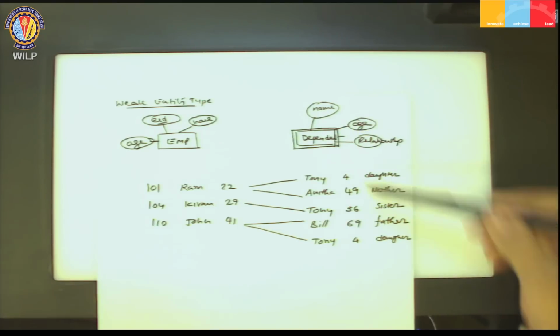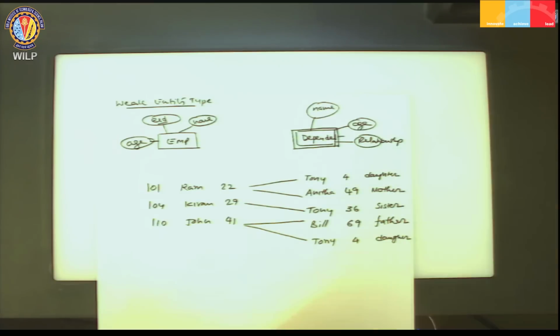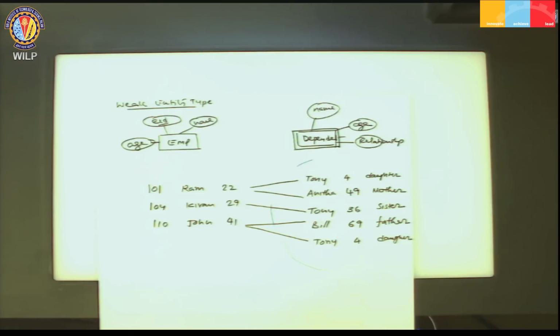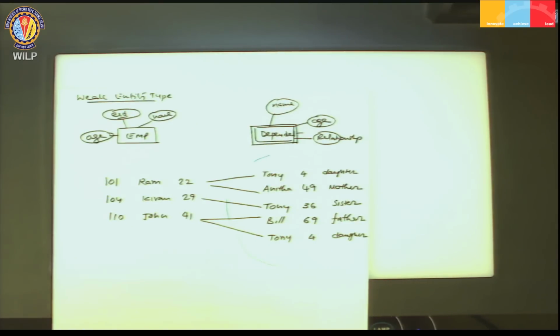Now if we carefully observe the actual data that is stored, let us assume that we have this kind of data available in the database. I have 5 dependents. The first dependent's name is Tony, whose age is 4 and who is the daughter of some employee. Next Anita, 49, Tony again, 36, next Bill, 69 years, and then Tony, 4 years. As far as the employee entity type is concerned, we have 101 Ram, 104 Kiran, 110 John.